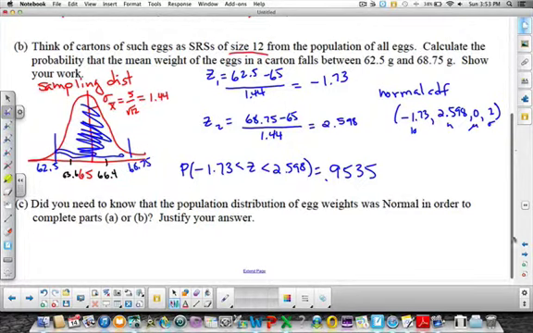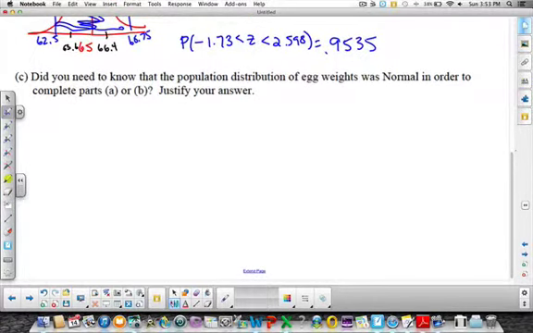Alright, and in part C, did we need to know that the population distribution of egg weights was normal in order to complete parts A or B? And the correct answer is yes, because that is the important part here.